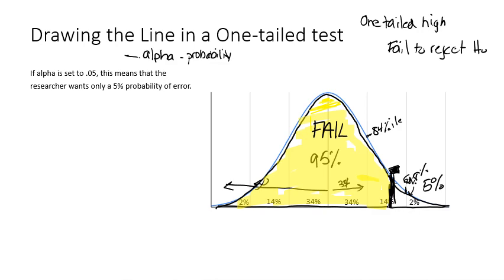However, if the score that the researcher gets from the sample falls within this tail region, this little region way up here, well, only 5% of the scores are going to fall in that region, and so we would call this the reject region.